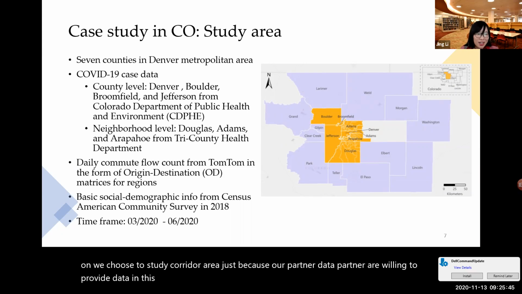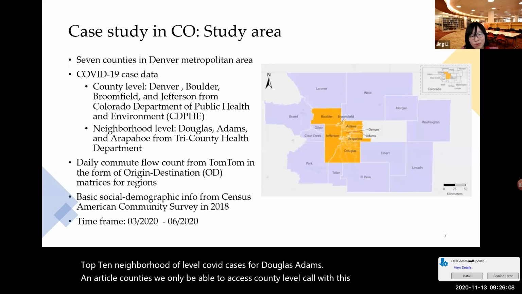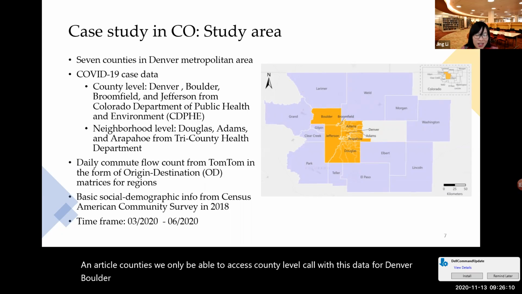We have 6 counties in the Denver metropolitan area as the study area. However, because of some limitations, we are able to obtain neighborhood level COVID cases for Douglas, Adams, and Arapahoe counties. We are only able to access county level COVID case data for Denver, Boulder, Broomfield, and Jefferson counties.